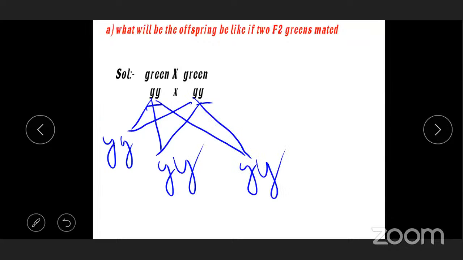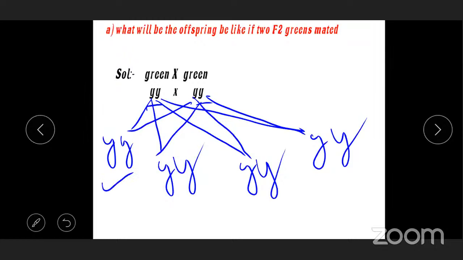A simple technique: small y small y. The first one is small y small y, which type of plant is it? This is green. The second one, small y small y, is also green. The third plant is also small y small y, so green. The fourth one, small y small y, is also green.